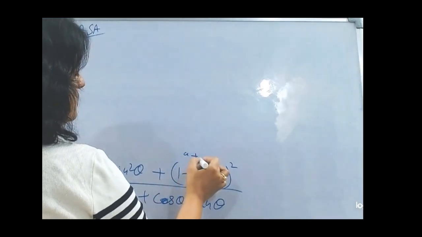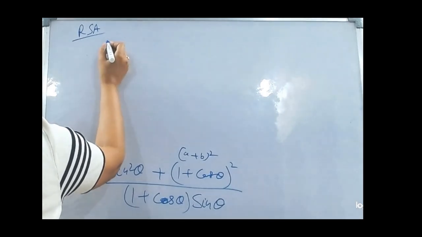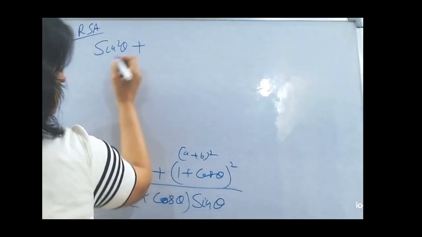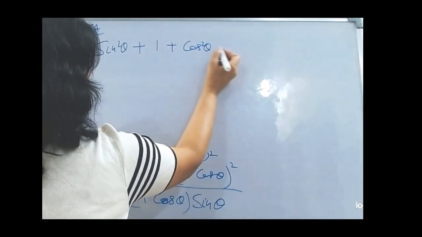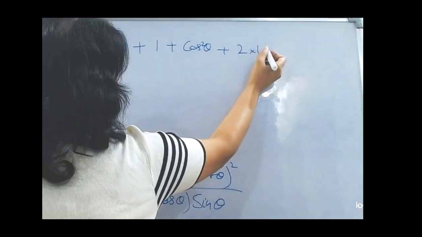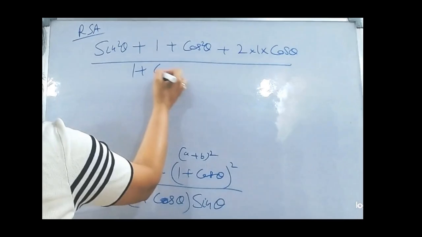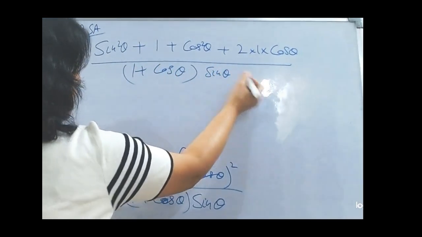Apply the a plus b whole square identity here to open this bracket. So sin square theta plus a square plus b square plus 2ab, upon 1 plus cos theta into sin theta.